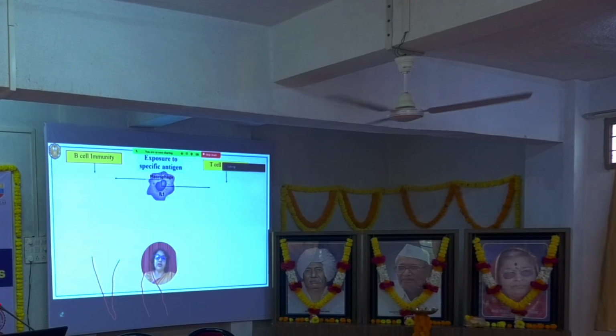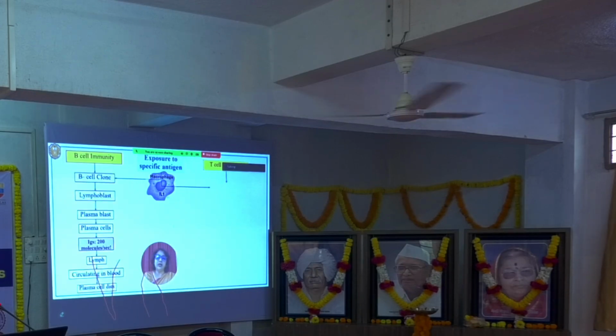Let's look at the humoral immunity, that is the B cell immunity mechanism, first. Before exposure to a specific antigen, the clones of B lymphocytes remain dormant. They are quiet in the lymphoid tissue. After exposure to antigen, the macrophage activates the B cell clone and also the T cell clone.